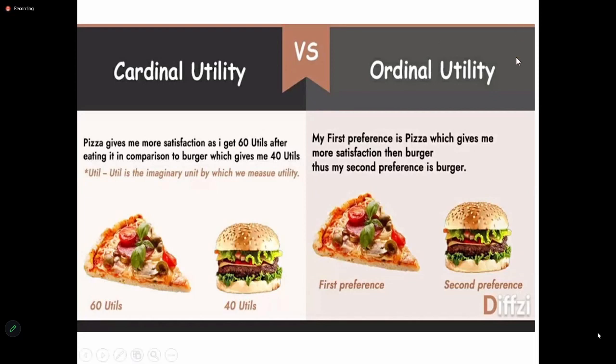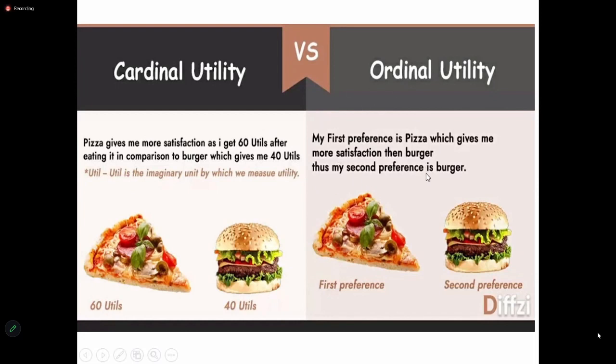But in ordinal utility, consumers rank their products or services. My first preference is pizza, which gives me more satisfaction than burger. Thus, my second preference is burger. So in cardinal utility, we give exact utility, the measuring units.